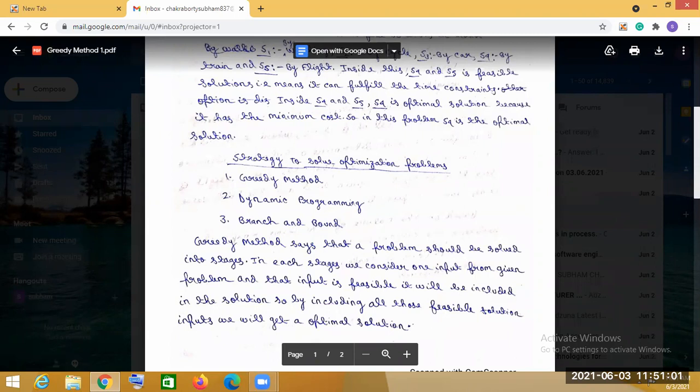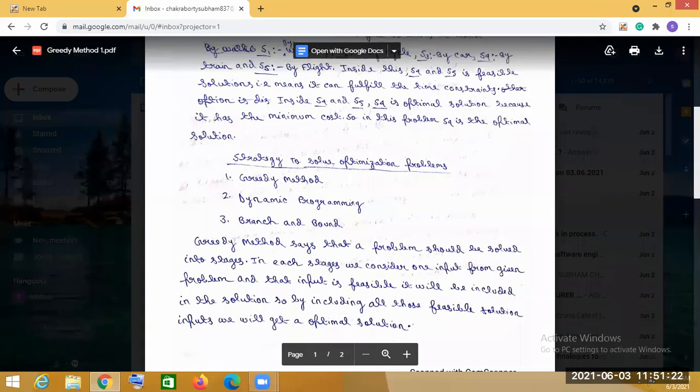So now, after this stage, what do we have? We have these 250 candidates. From these 250 candidates, one candidate is selected and the others are rejected. So that means we get the optimal solution.